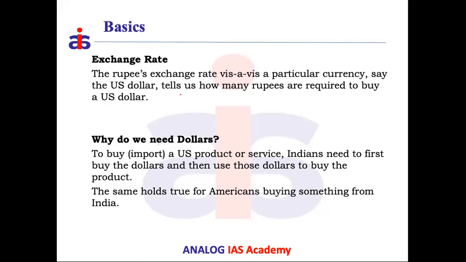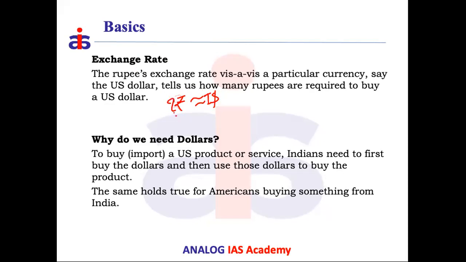The exchange rate is simply the value of a currency, let's say the Indian rupee with respect to the dollar, or any other country's currency. When you are deciding the value, that means $1 is equal to how many rupees?